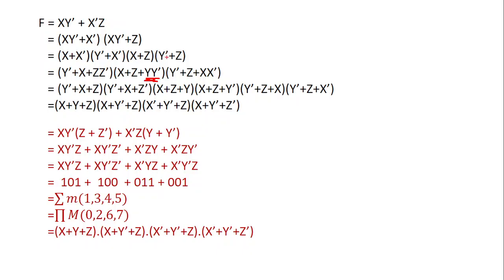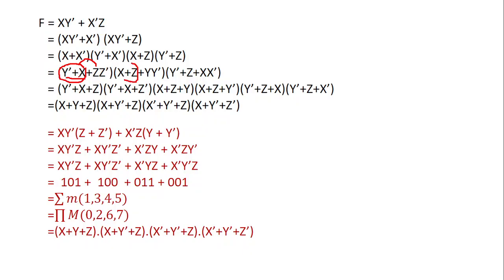In the third term, y is there, z is there. I multiply it with x plus x bar. Okay, done. Now, as usual, again multiply it. Take these two terms as a single term and multiply it with z. So you have xy plus z, x bar y bar plus x, plus z bar.